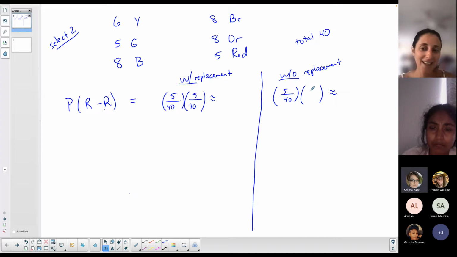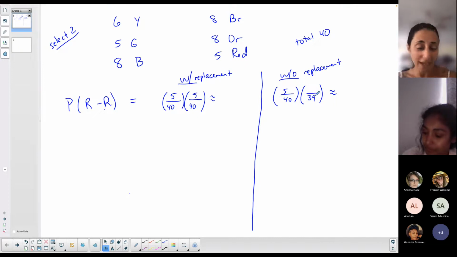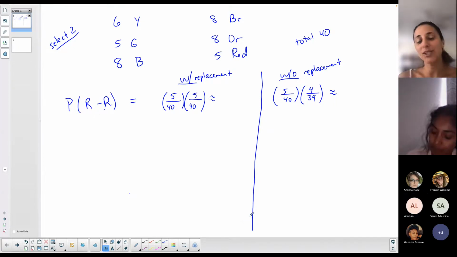That would be over 39 because I only have 39 M&Ms left. But I did eat a red, and I want another red. One of the reds is gone. I have only 4 left. It decreases in the numerator like it decreases in the denominator because it's the same color twice. So technically, if I'm eating a red and I'm not putting it back, I have 1 less red.